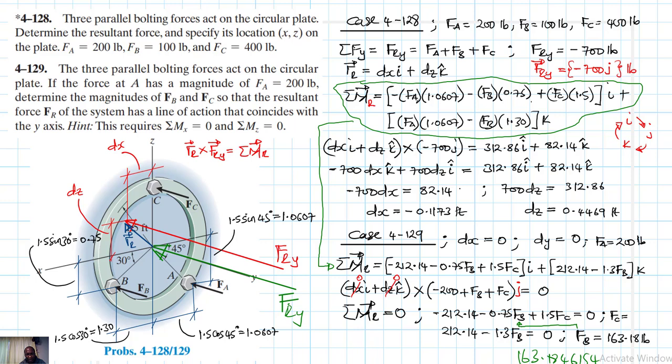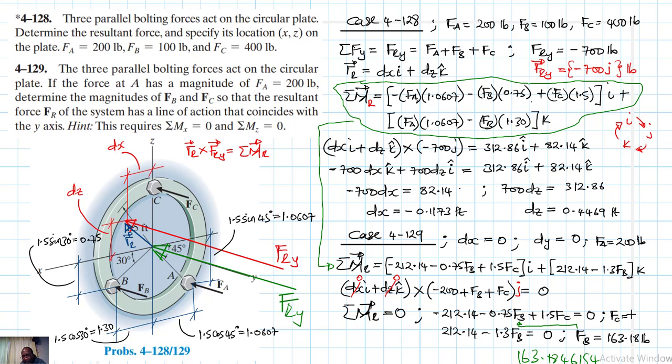So I'll say that times minus 0.75, so 212.14 divided by 1.3 times 0.75, minus 212.14, then divided by 1.5.